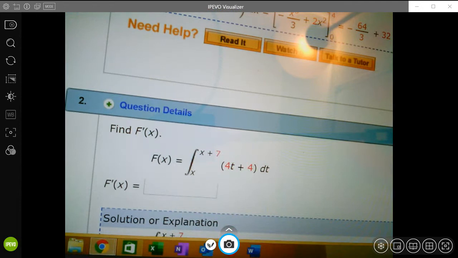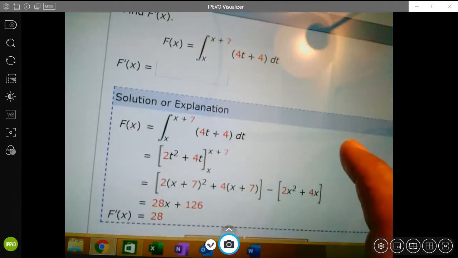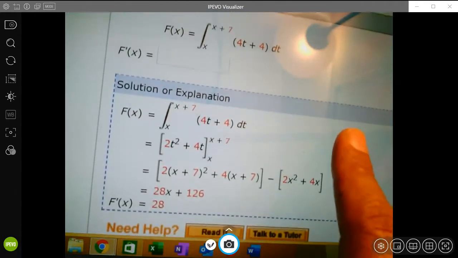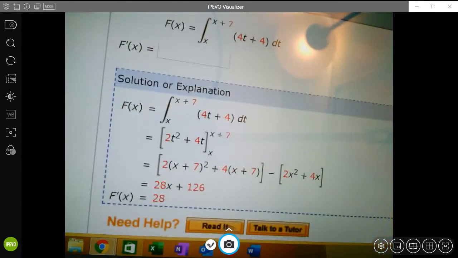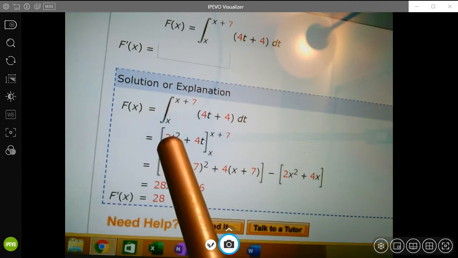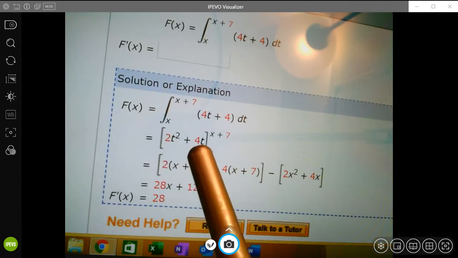So first of all, I think it's better to compute the indefinite integral of 4t plus 4, which is 4t squared over 2 plus 4t. Then plug in x plus 7 like this. You do 4t squared over 2, which is 2 times t squared plus 4t from x to x plus 7.